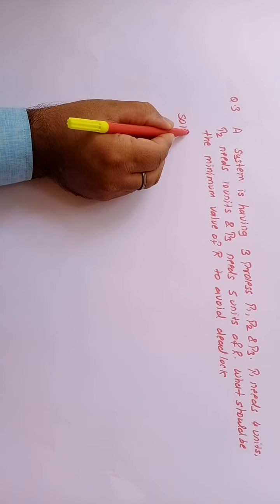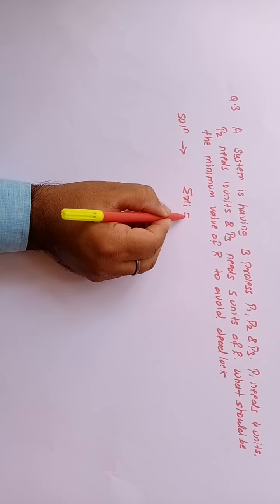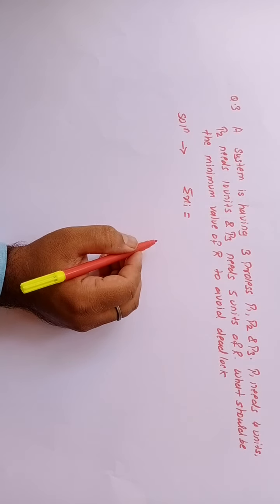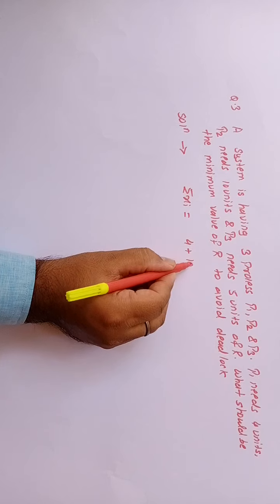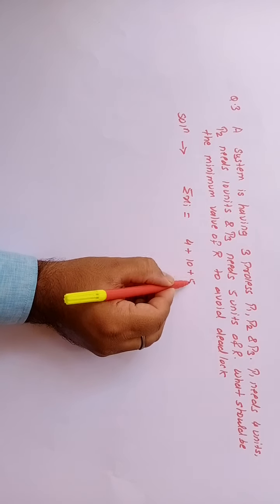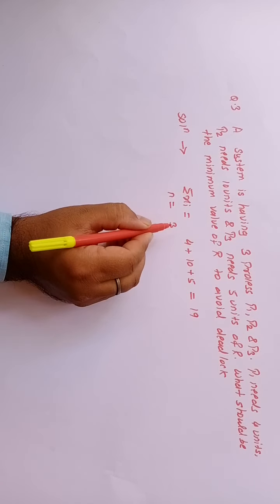To solve this problem, again we first calculate summation of xi, that is the sum of need of all processes. In this problem, process P1 needs 4 units, process P2 needs 10 units, process P3 needs 5 units. So the total is 19. Number of processes is 3.